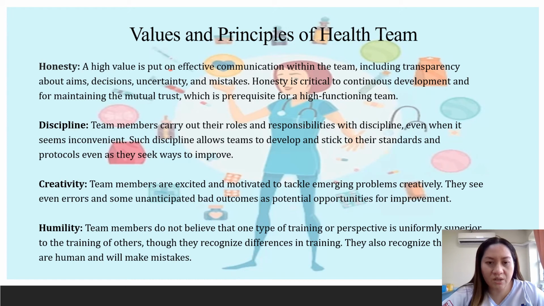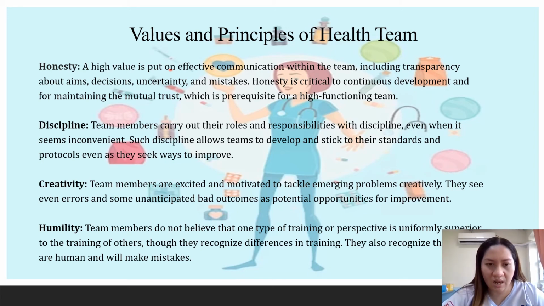Creativity. The team members are excited and motivated to tackle emerging problems creatively. They see even errors and some anticipated bad outcomes as opportunities for improvement. So this is when you would see how diverse, how creative your team is.